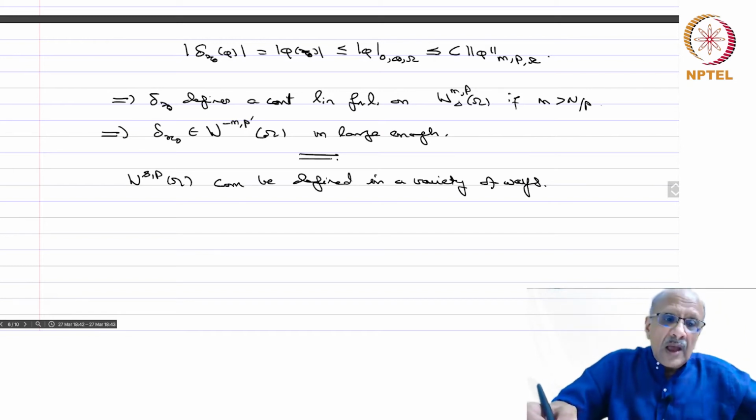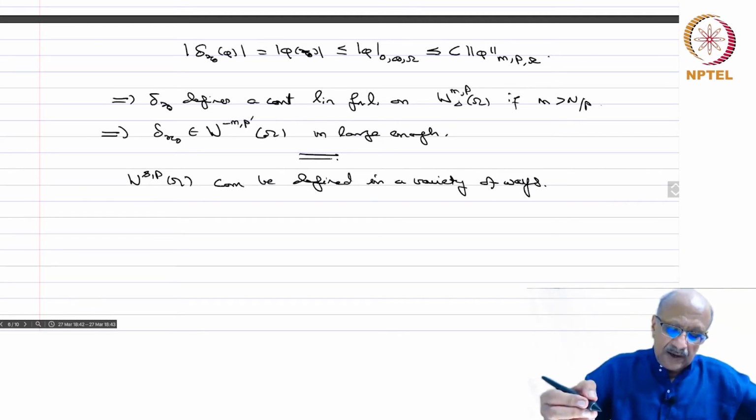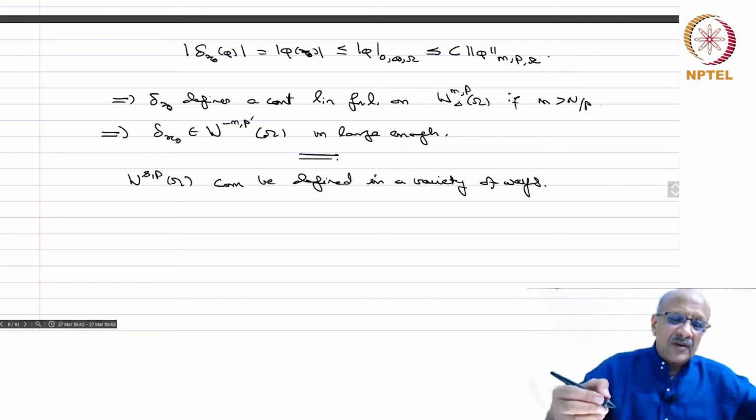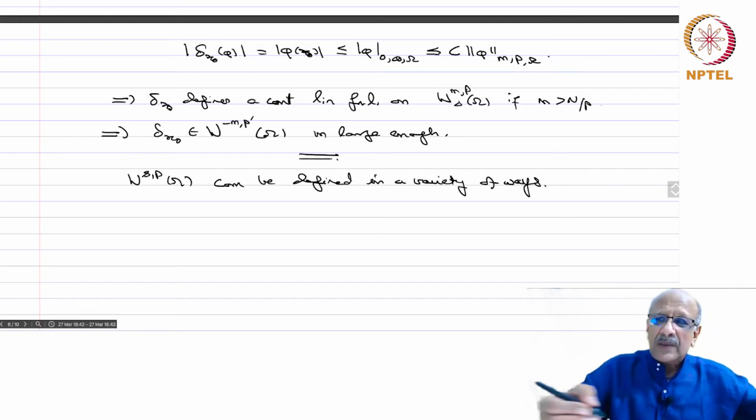But the good thing is, if Ω is a C-infinity set, a smooth open set, then all the definitions will agree. That is the nice thing about it. But depending on the singularities of the boundary, you may get different spaces. The spaces may not be identical, so there are various ways of defining them depending on your necessity.